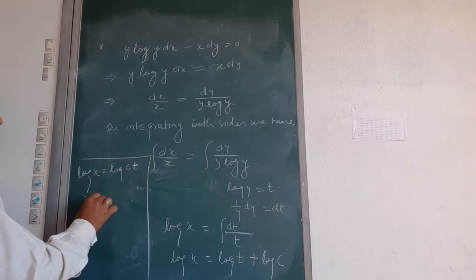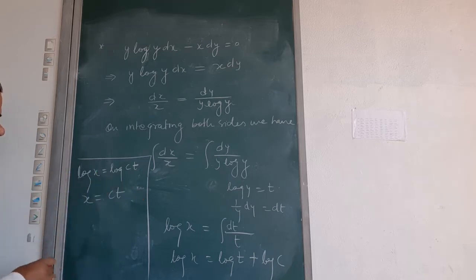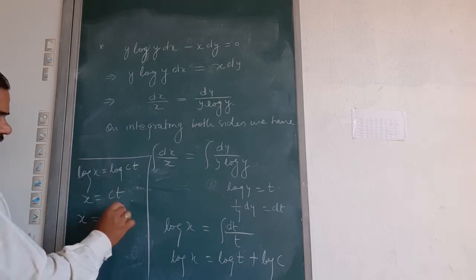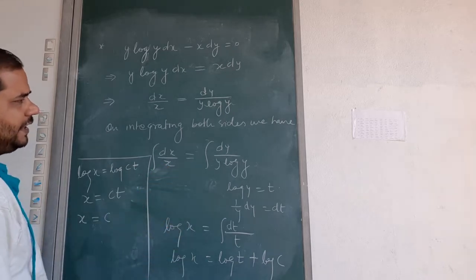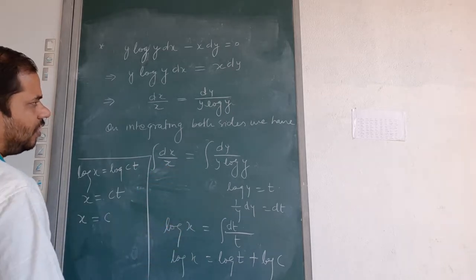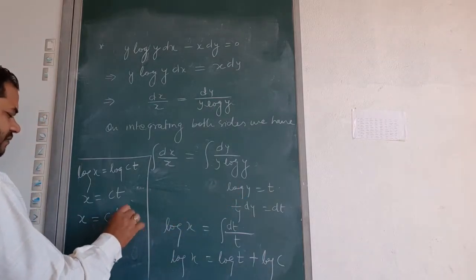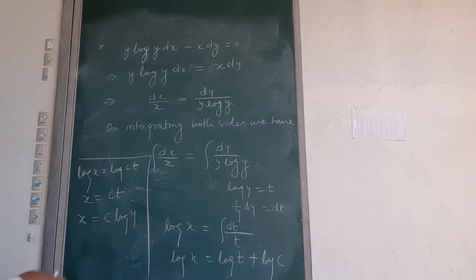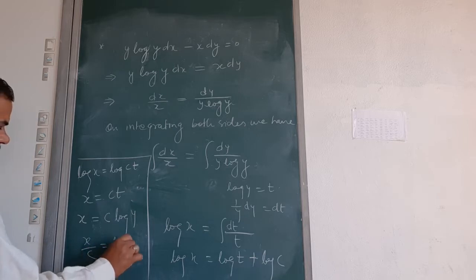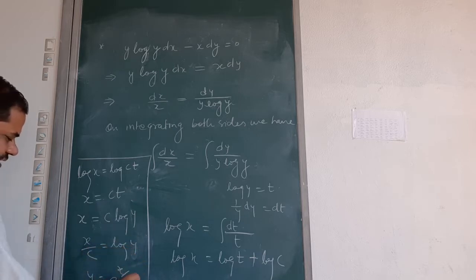So x is equal to ct simply, and t is log y. So x is equal to c log y. If you want to calculate more, then we put x by c is equal to log y, then y is equal to e power x by c.